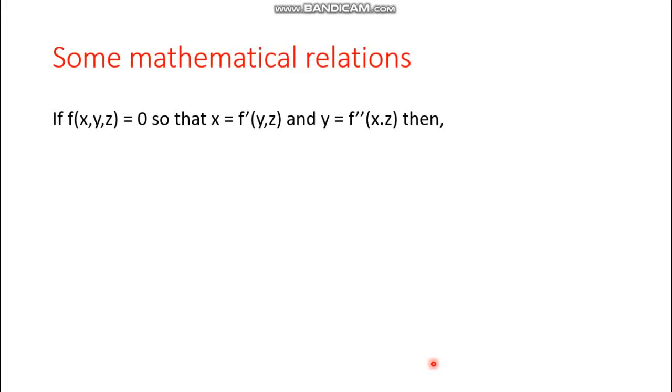Now we move on to another mathematical relation. This is not related to state function or perfect differential. This is a mathematical relation which can be applied throughout the chapter of thermodynamics.